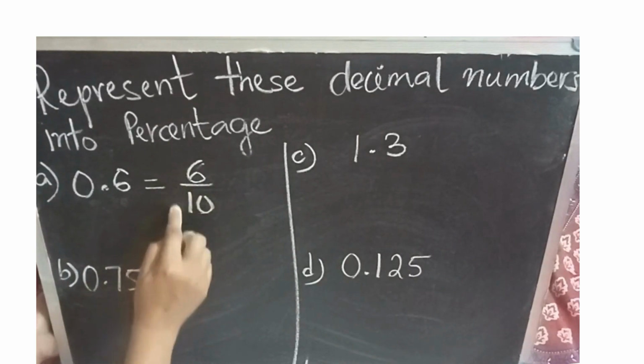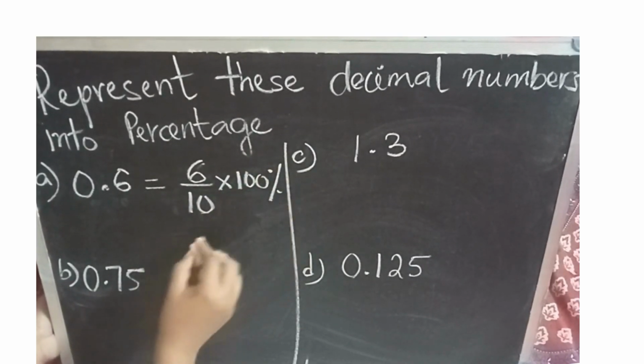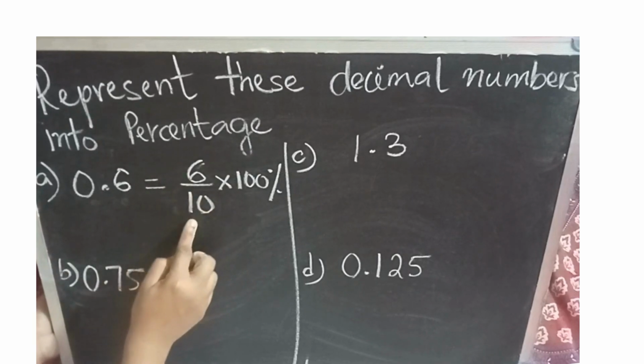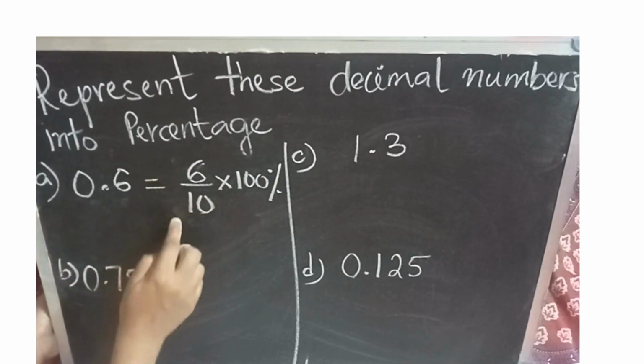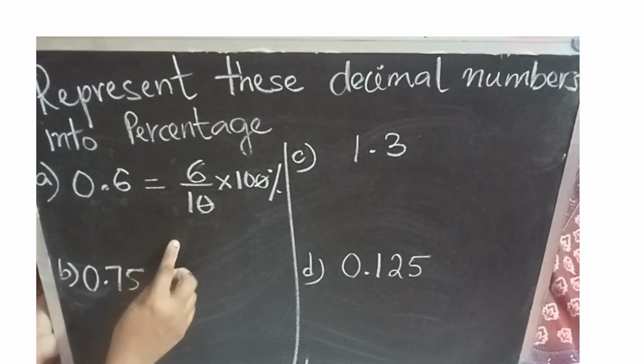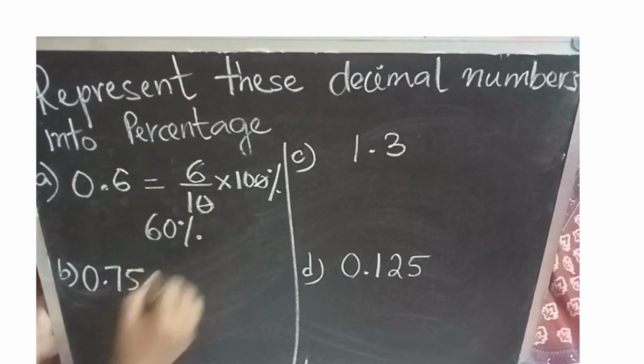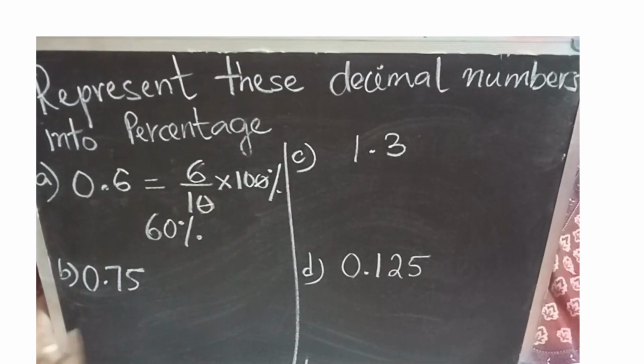So 6 by 10, you can apply any one method and simplify. We are applying the second method, 6 by 10 multiplied by 100, to convert it into a percentage. So 6 tens is 60%, is the answer.